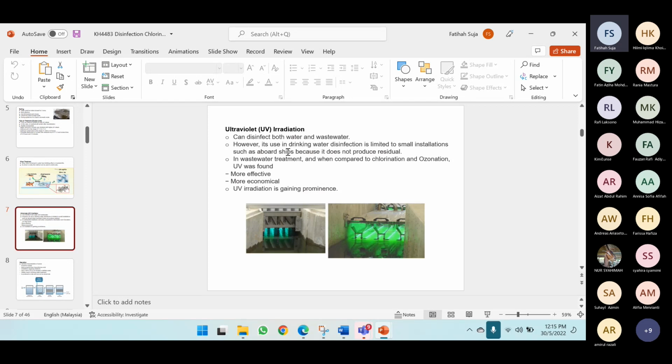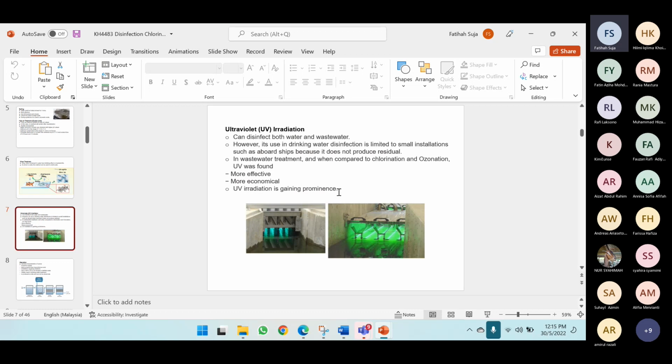Because you don't have any residual, after you treat using ultraviolet, you need to use the treated water right away. So you cannot wait, because they don't produce any residual. In wastewater treatment, when compared to chlorination and ozonation, UV was found more effective, more economical. So UV irradiation is getting prominence.